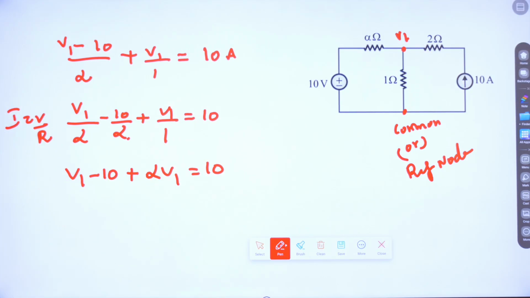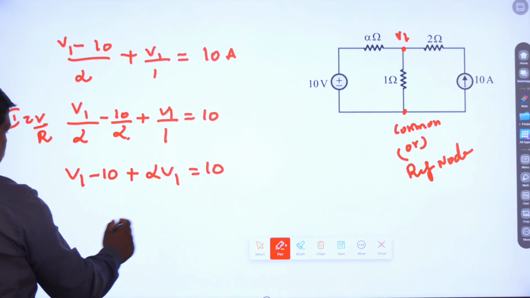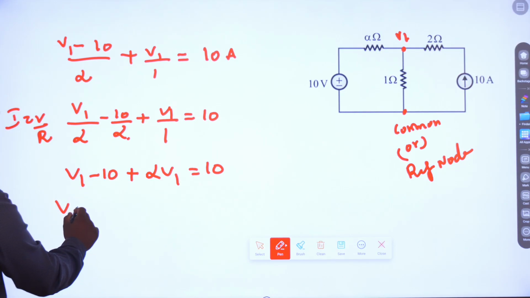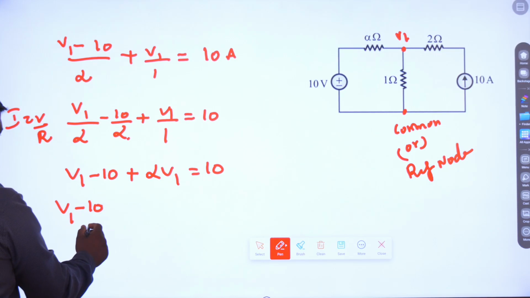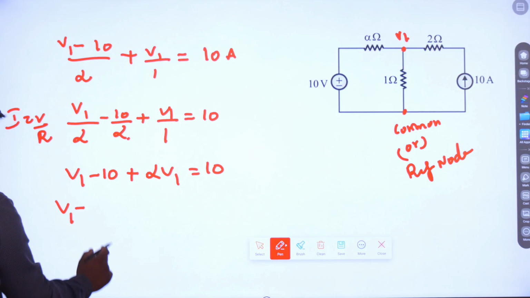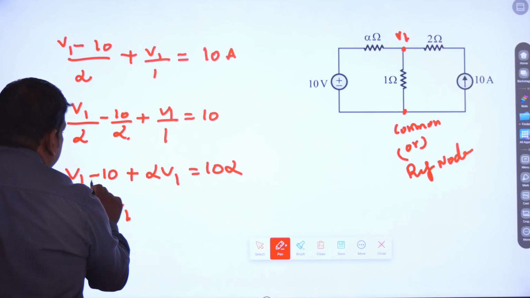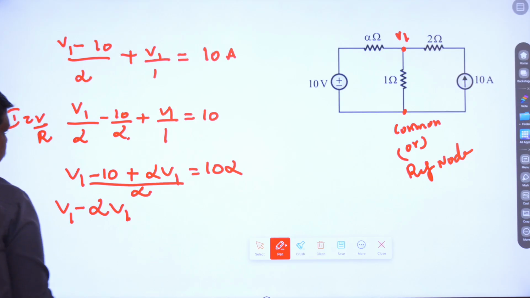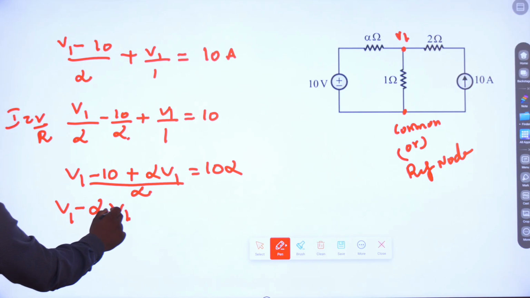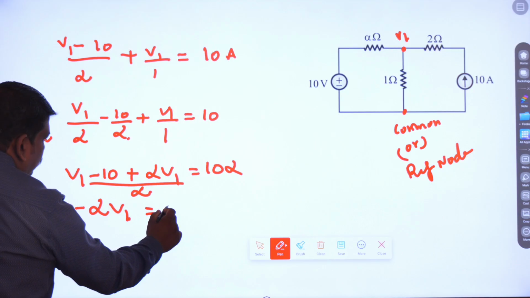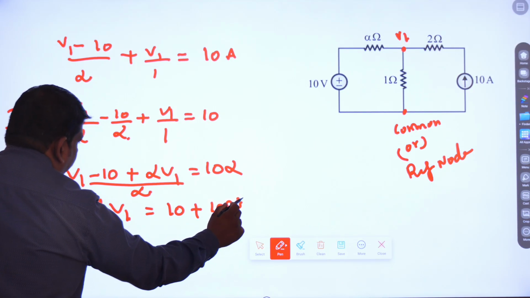Okay, and next, V1 minus 10, commonly we can take alpha V1. Here alpha is common, so V1 into (1 plus alpha) is equal to 10 plus 10 alpha.